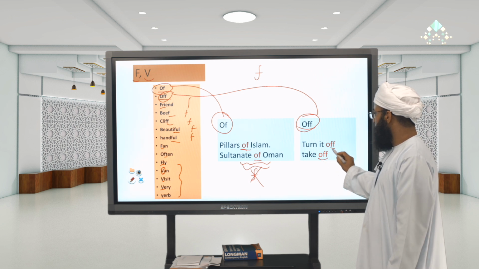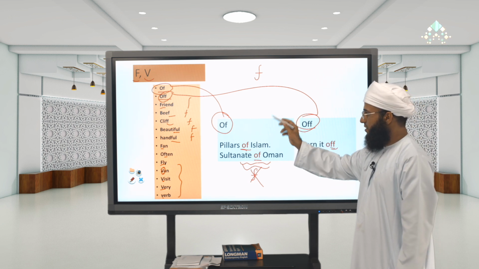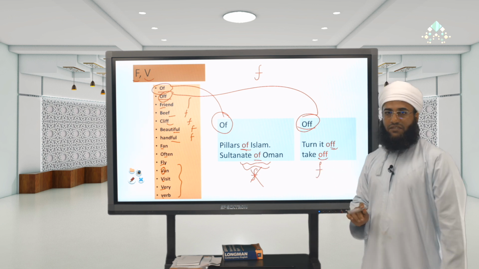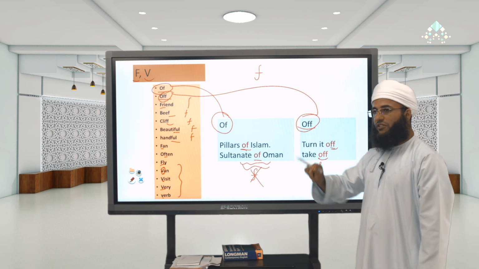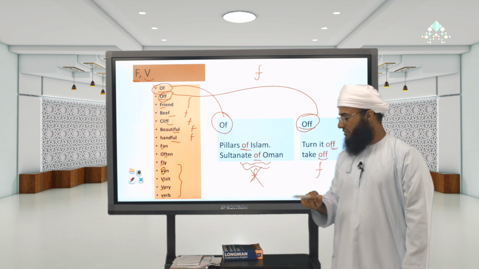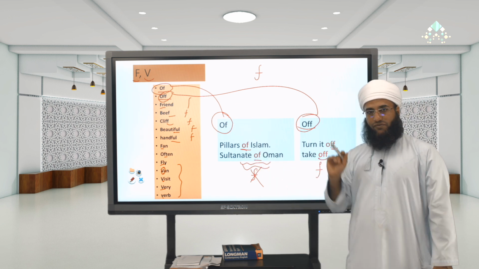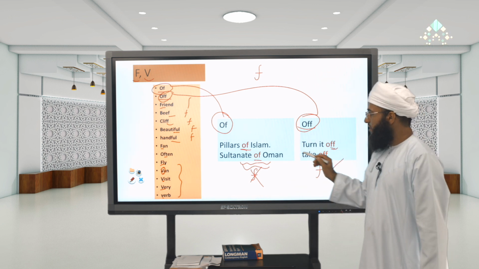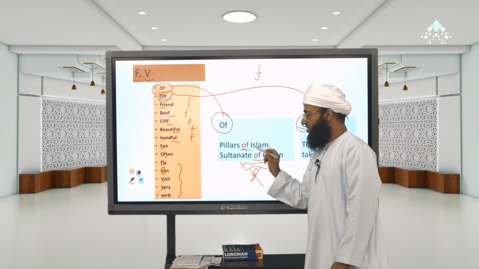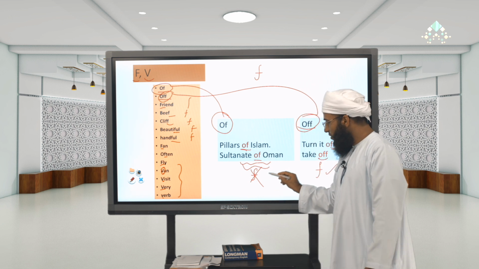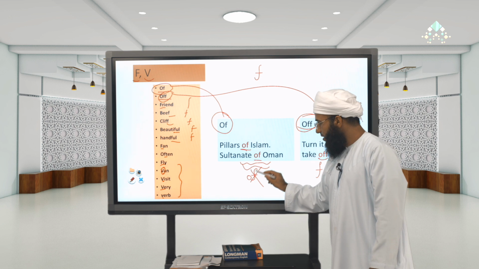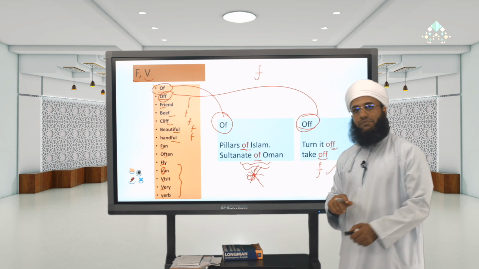Here, as in other examples, the accurate pronunciation is fa. Off. Turn it off, switch it off, take off, off, it is fa. So here is correct, but if you pronounce this one here as "off" with the fa sound, I tell you it is wrong.